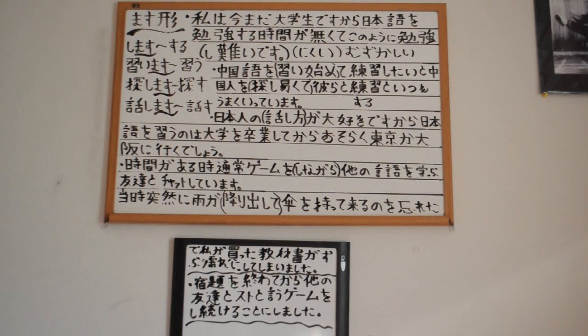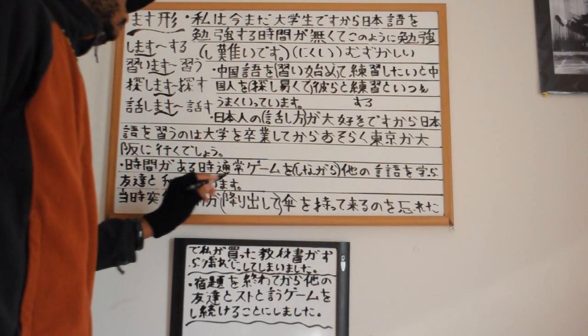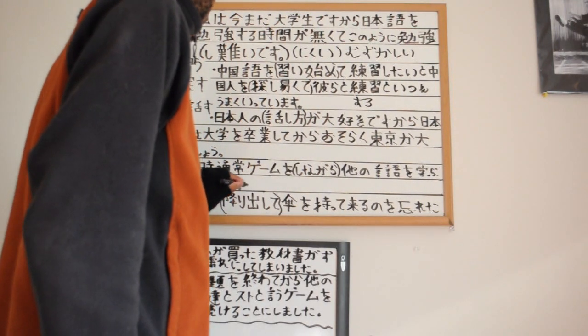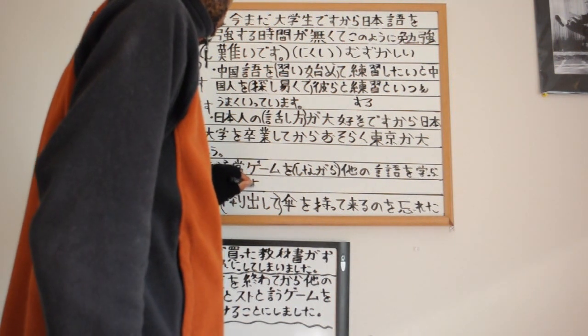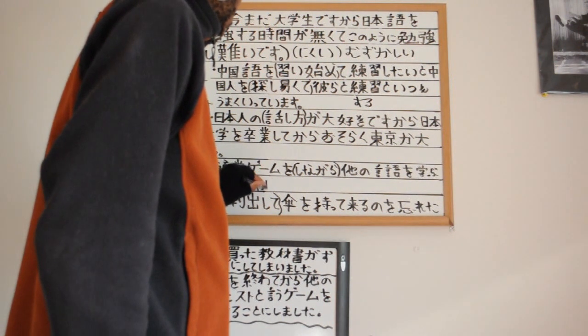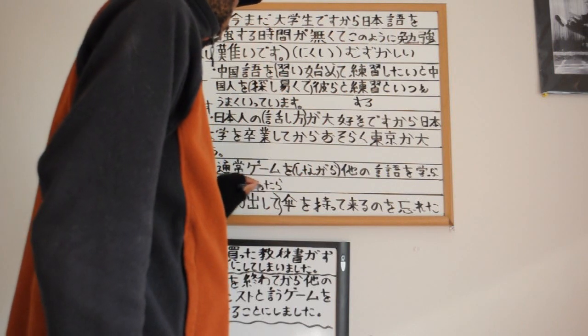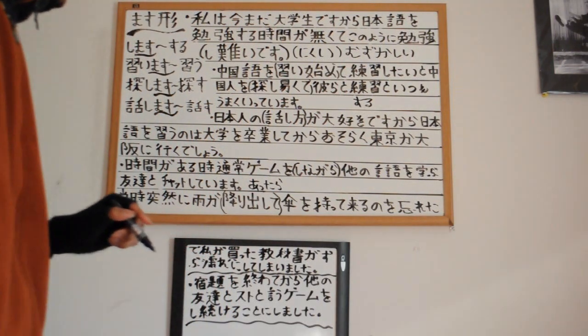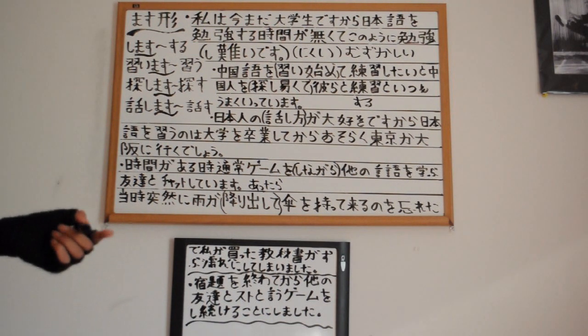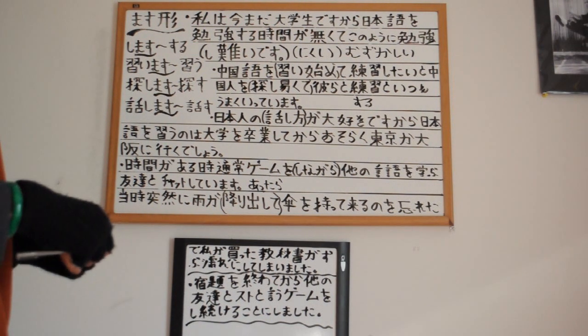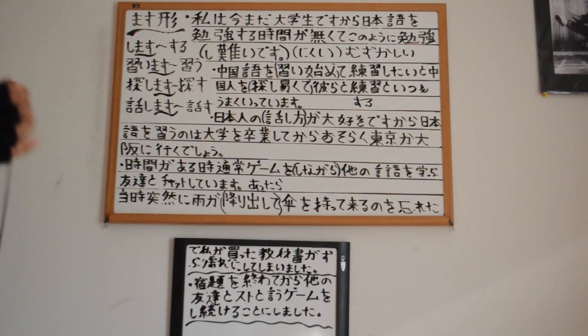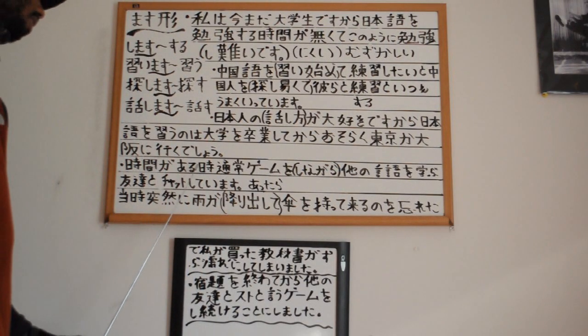So instead of saying jikan ga aru toki, you can say jikan ga attara. Attara. When I have time, if I have time. I don't know, something's just telling me that attara works better here. So jikan ga aru toki or jikan ga attara.